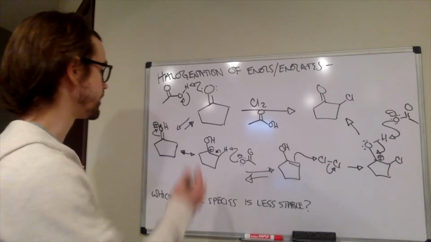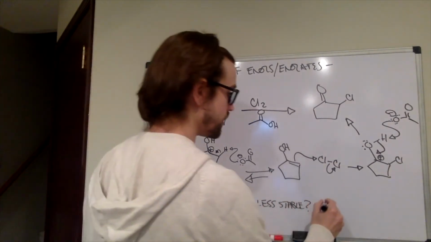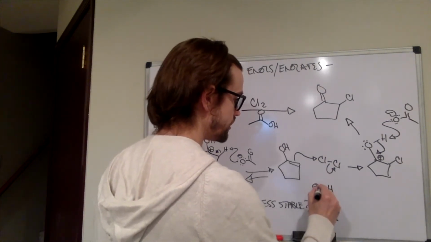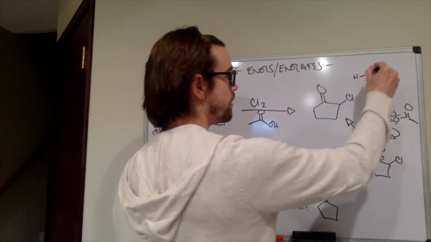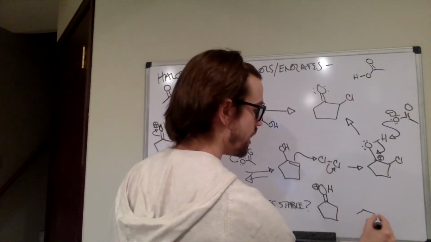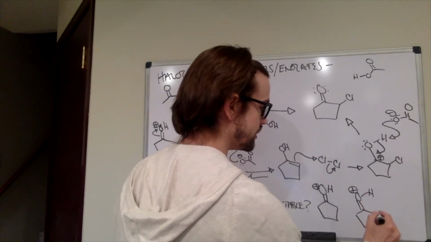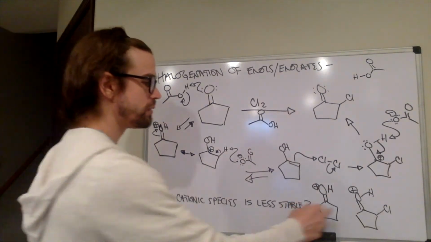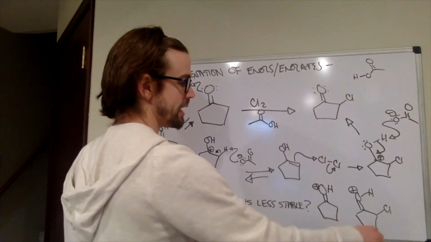So essentially, this protonation gives us this species here, which is the first species in that tautomerization, versus if we wanted to go through that equilibrium again, we would have this oxygen pick up a proton from there, and that would provide this species here. So the question that is in your course packet is, well, which of these species is less stable?